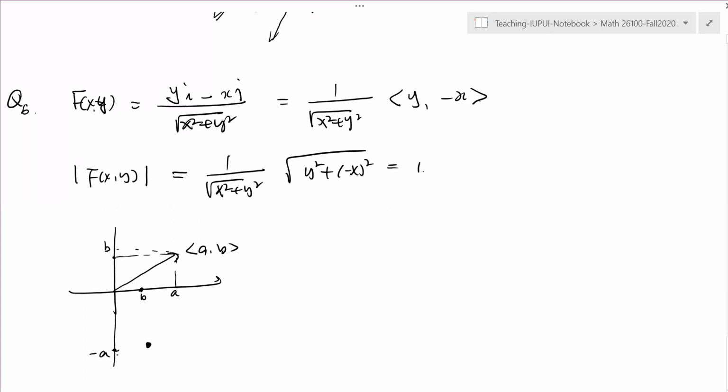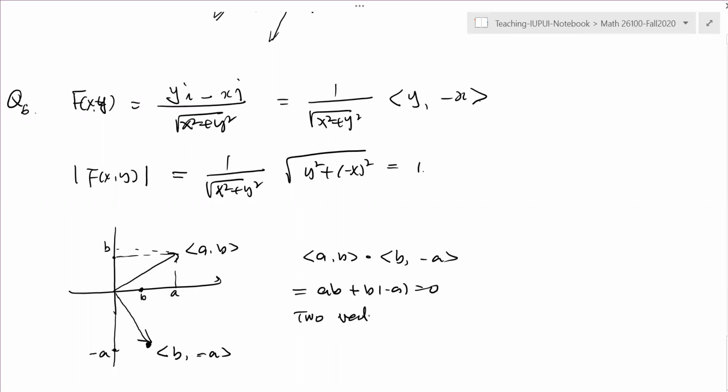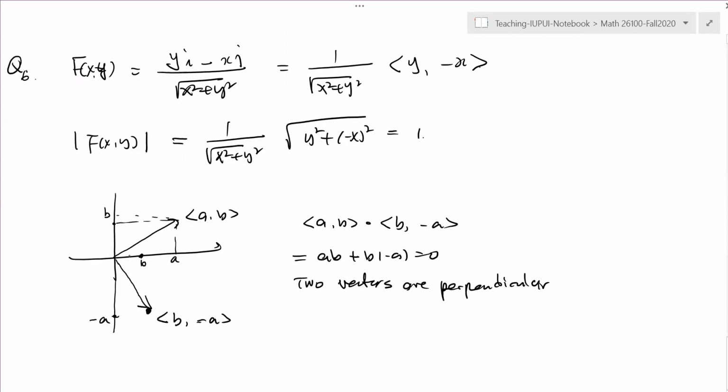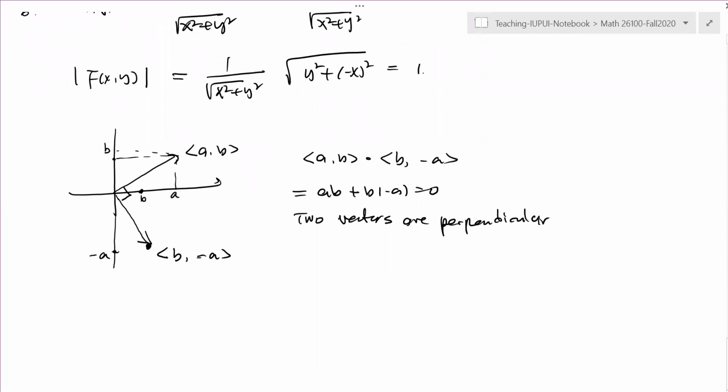So this will be B, negative A. So this is a vector. Now, are they perpendicular? I think so, yes. They're perpendicular because the inner product of those two is A times B plus B times negative A. So it's 0. So those two vectors are perpendicular. Okay. So it's 90 degrees, just in the other direction. So that is good information for us to draw the graph.